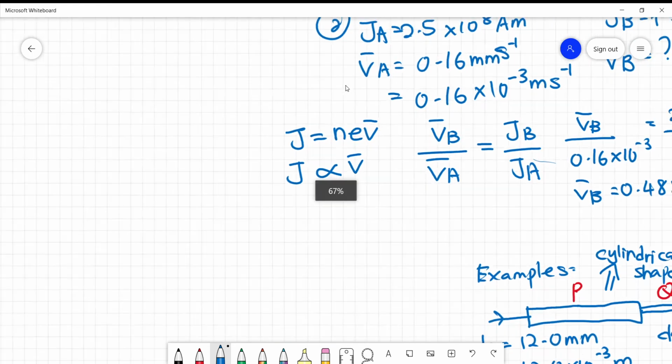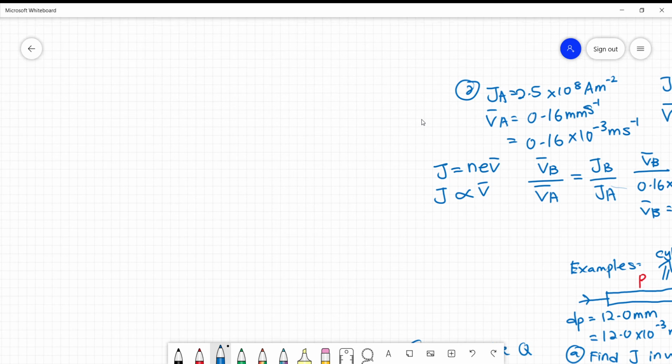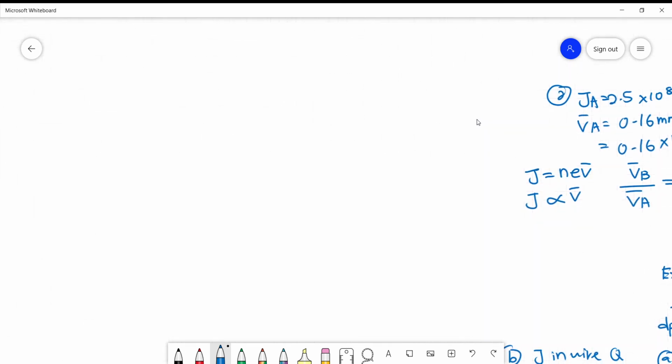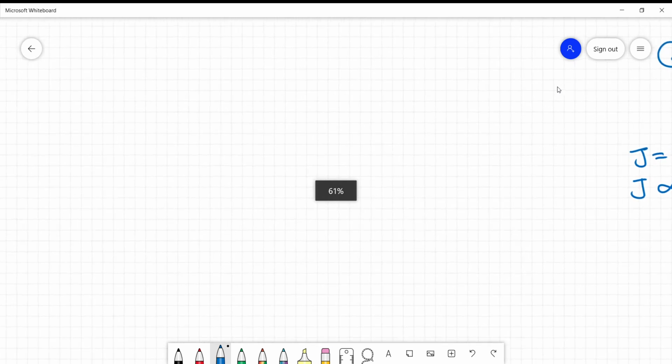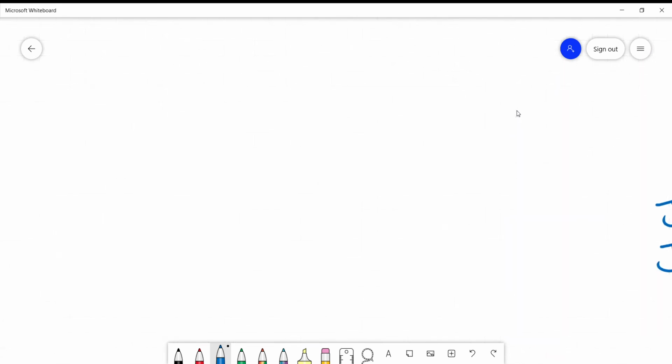Okay, so I think that's it for the subtopic of the current density. So let's proceed to the new subtopic. In this subtopic, we are going to talk about the electric conductivity and the resistivity.